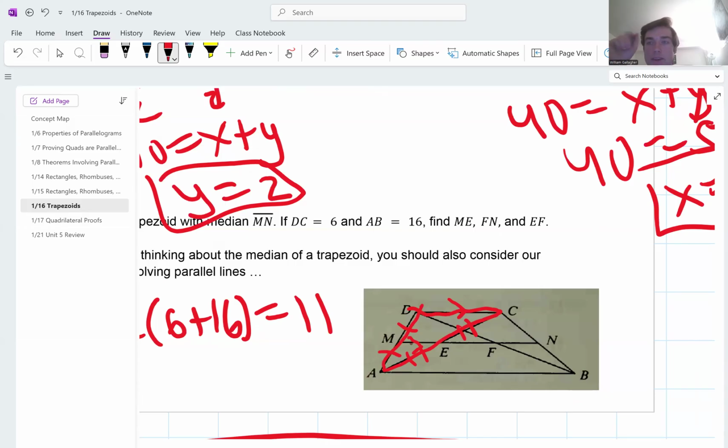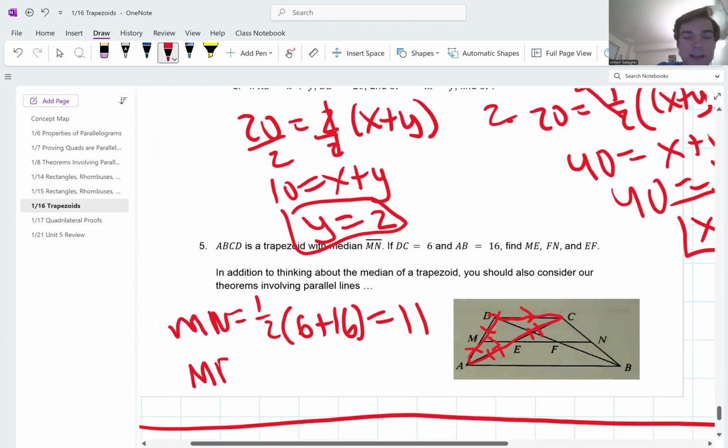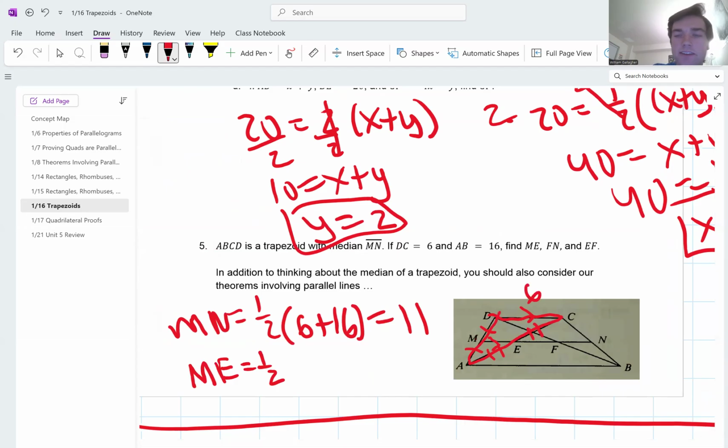And we now know that ME is going to join the midpoints of two sides, and so it will be half the length of DC. So ME is equal to 1/2 of 6. So ME is going to be 3.